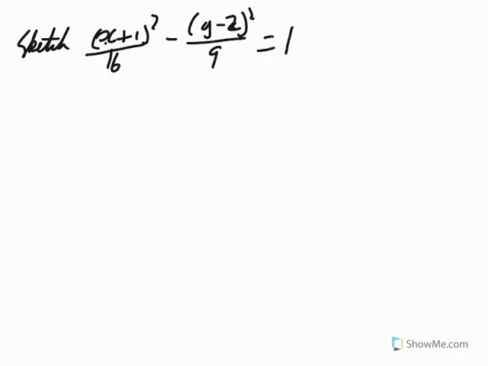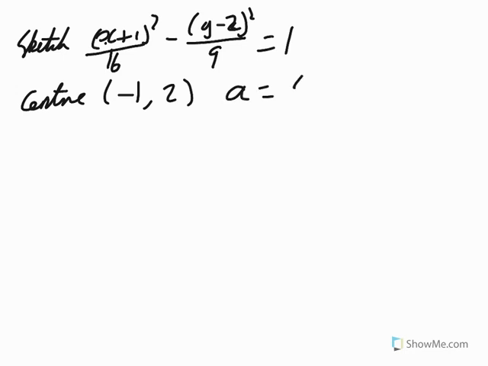And so we're going to sketch x plus 1 squared over 16 minus y minus 2 squared over 9, and that equals 1. So what do we need to know? Alright, so the centre is at h and k, so that's minus 1 and 2.